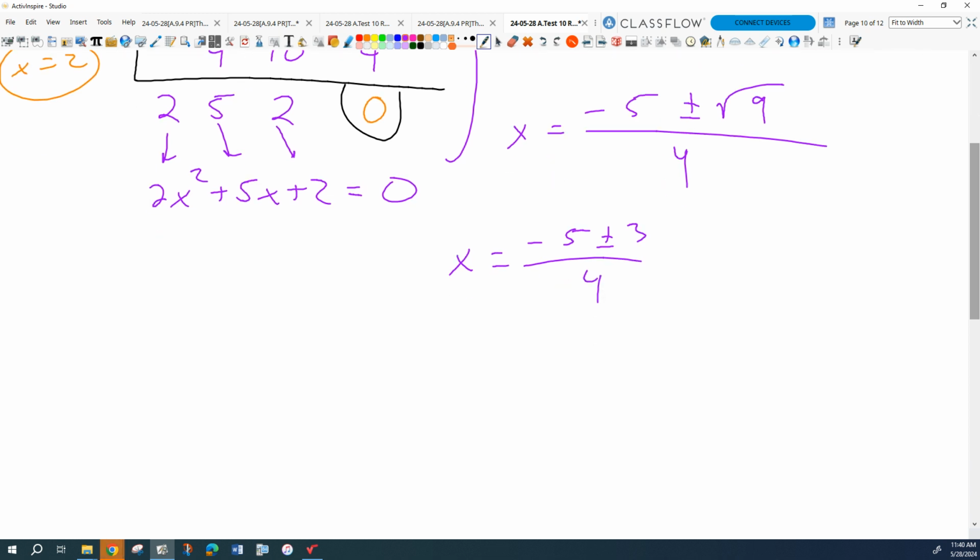I don't have any square roots in my answer. So if I take the plus, -5 plus 3 is -2 over 4. What does that reduce to? -1/2. If I take the minus, -5 minus 3 over 4. There we go. Okay, I get my 2 solutions.